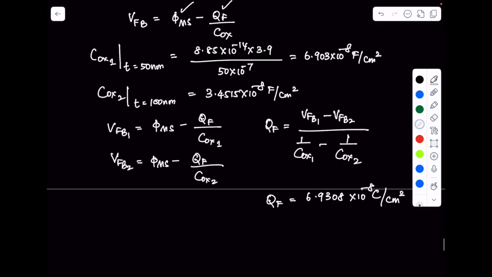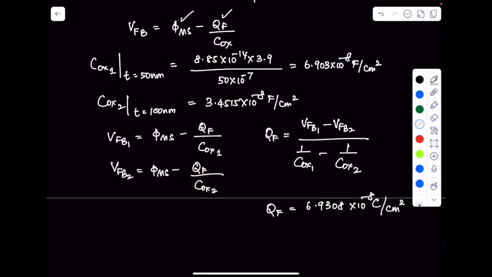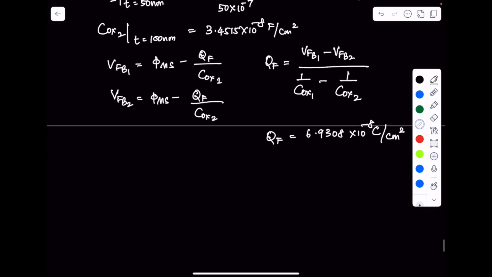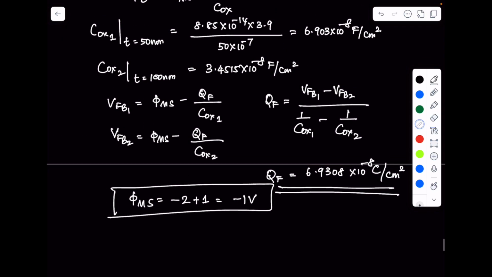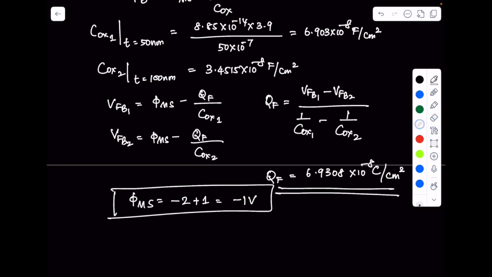And once I know QF, I can use any equation here to calculate phi ms. So I can write my phi ms to be minus 2 plus 1, which is minus 1 volt. So the phi ms of the structure is minus 1 volt. So using these two capacitors, I can get information about the quality of the interface and about the work function of the metal that is being used.